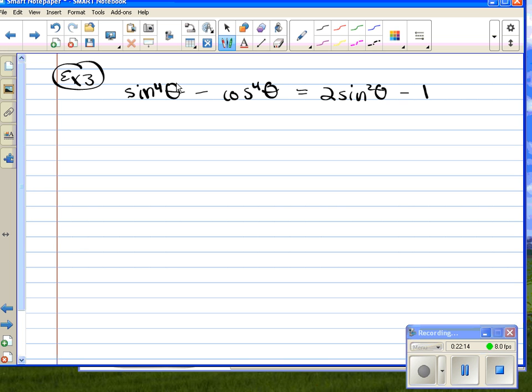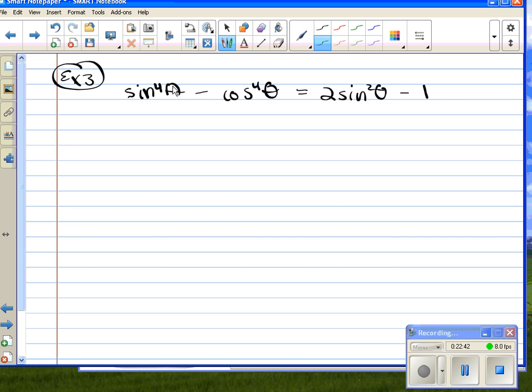It's not saying the sine of some angle to the 4th power. See the difference? That's why they write the exponent in the middle, to avoid that confusion. If they wanted to do that, it would look like this. Okay, and they probably put parentheses around it, just so there's no confusion. But eventually we're going to have to use one of our new formulas here. But right now we can't actually see it. But that's okay. Let's go to work.